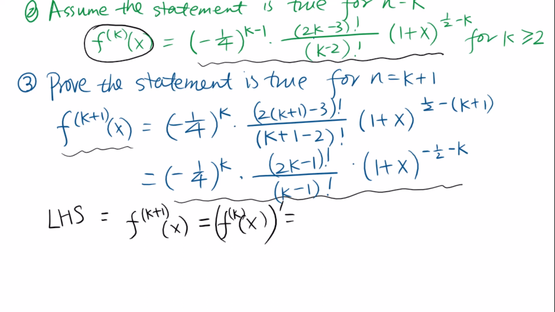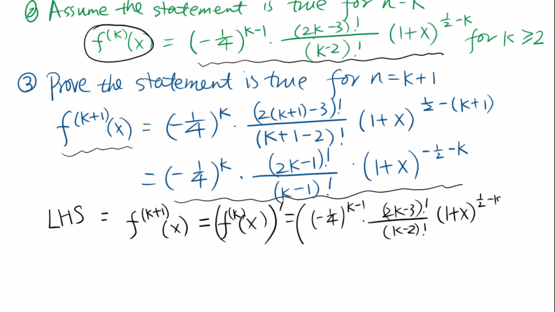That is negative 1 over 4 to the k minus 1 power, times 2k minus 3 factorial over k minus 2 factorial, times (1 plus x to the 1/2 minus k power) prime.